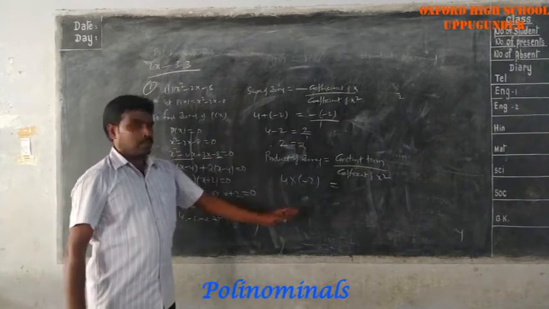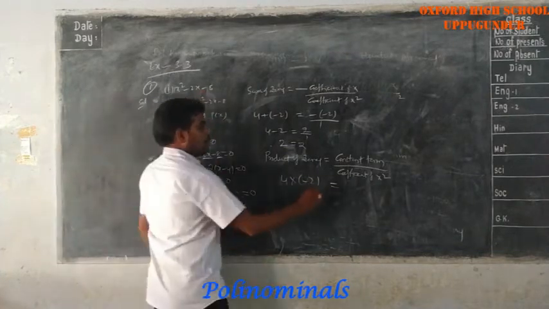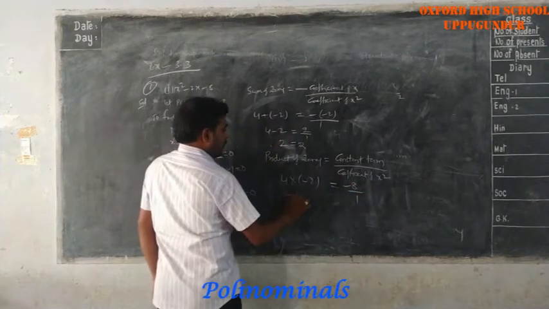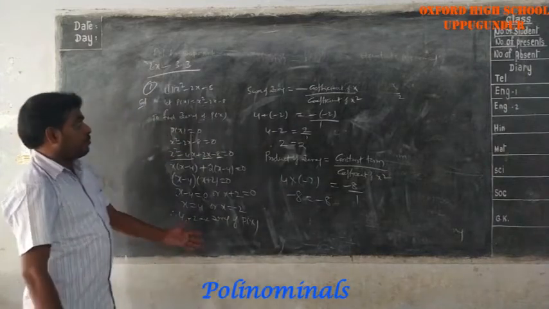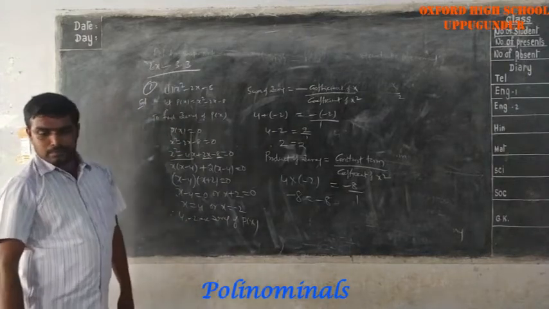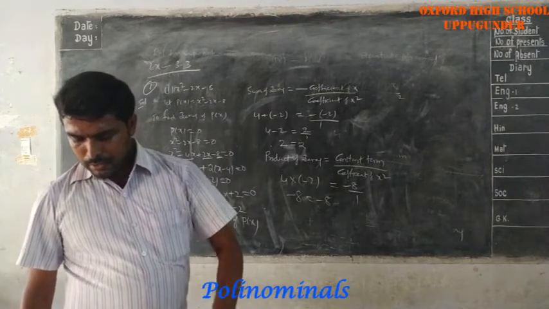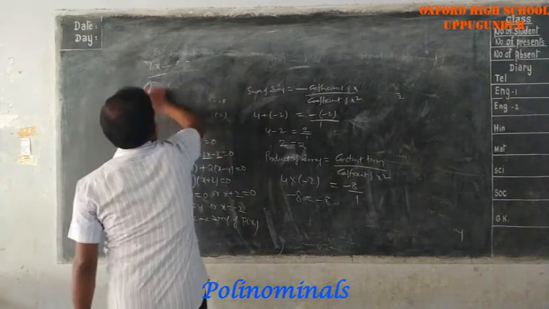That's why product of these two zeros equal to constant term here minus 8, minus 8 by coefficient of x square 1. So minus 8 equal to minus 8. So in this way you can complete first problem. Next one. Third and fifth one I will tell you. Third problem.